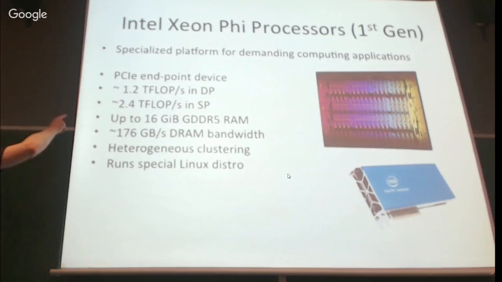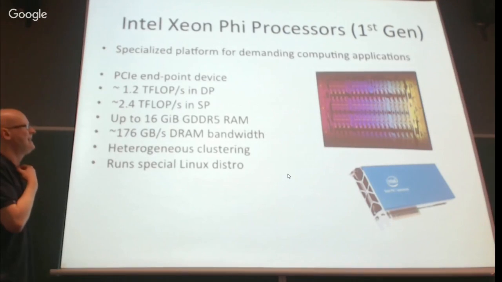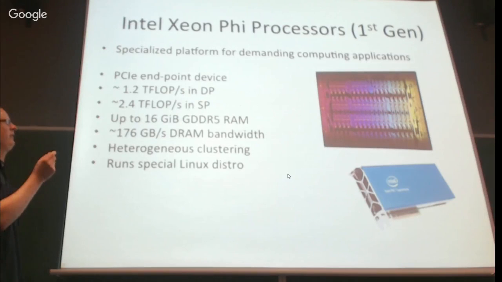It offers up 1.2 teraflops in double precision, 2.4 teraflops per second in single precision. These are theoretical peak performance metrics here, okay? Up to 16 gigabytes GDDR5 RAM, that's only for the 7000 series. For the 5000 series that we'll be logging into later, it's 8 gigabytes of RAM, which is quite a limitation.